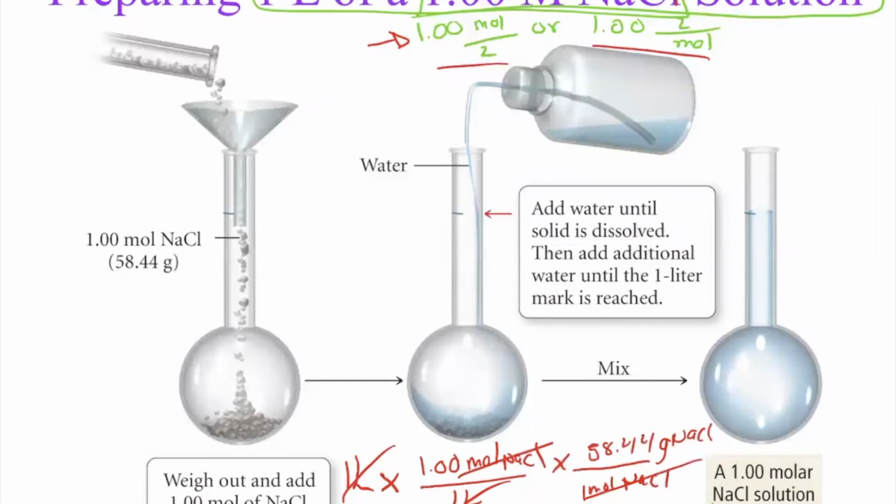So you're going to grab a volumetric flask and add your 58.44 grams of sodium chloride, and then you add water up to the line that represents 1 liter. Once you do that, you have completed the process of making that solution.